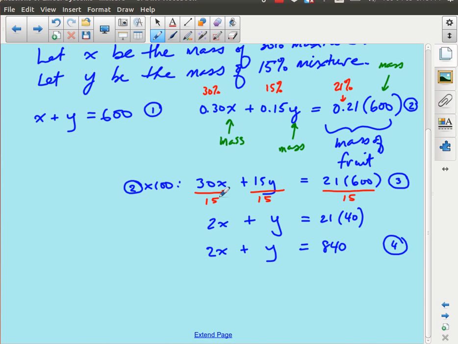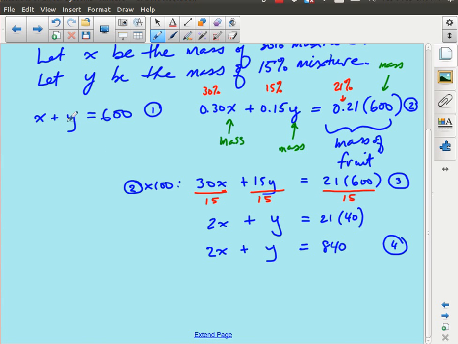If you did not see this divided by 15, don't feel bad. You can still solve this. It just means the numbers you're dealing with are worse. In this case, I've reduced this to the point where there's a pretty good chance I can carry on without having to worry about a calculator. The numbers are going to be fairly reasonable. So take a look at equation 1, take a look at equation 4. This looks pretty well set up to do elimination.